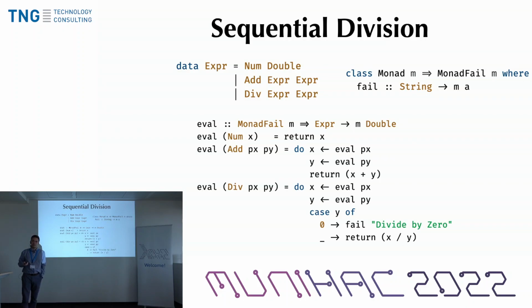Now, as it happens in the maybe monad, that string is going to get discarded, but never mind that, that's just a detail. What we can do now is we can write our eval using this monad fail M constraint, which indicates that we're in some monadic context M, where we've decided how to schedule our computations with evaluation, and where furthermore, things may fail. So this is what this part of the signature does.